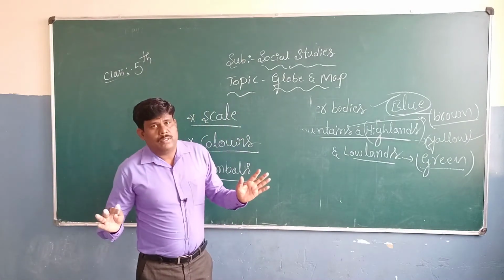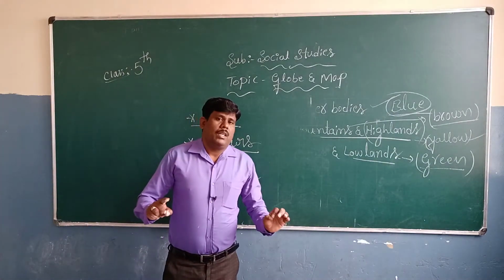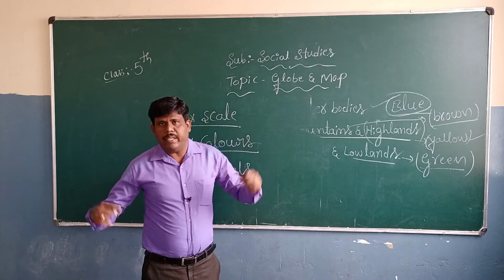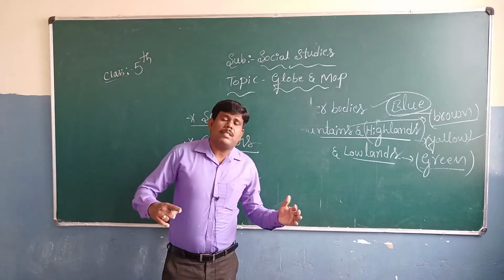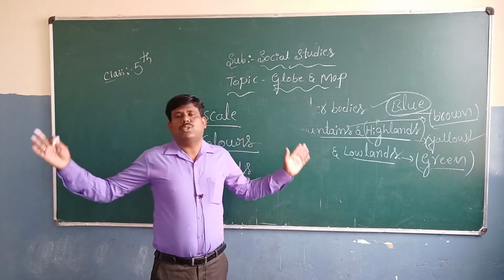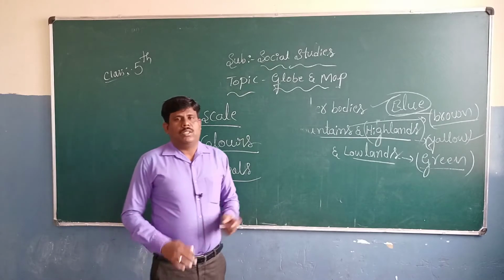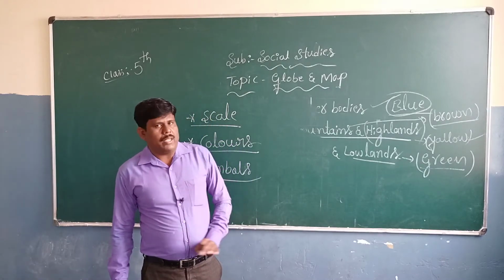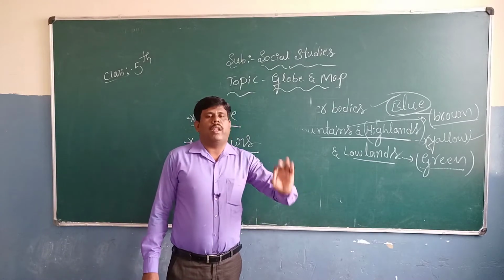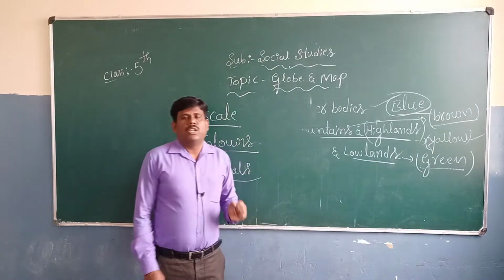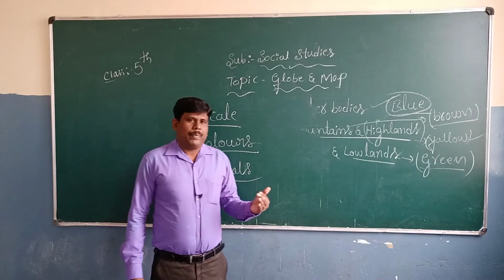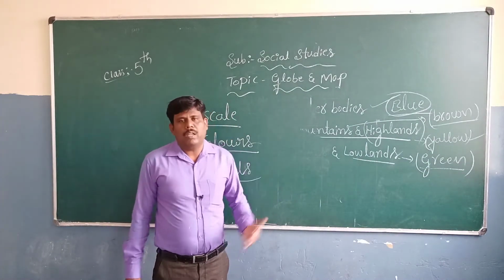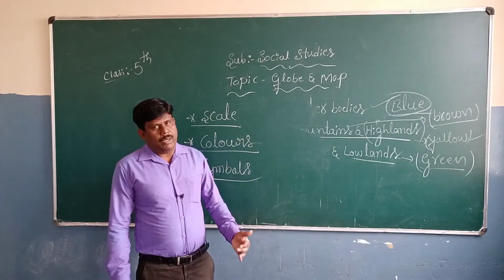You know, children, these symbols are not only used in our country, these symbols are used all over the world. So these symbols are called conventional symbols. Universally, people in all countries use the particular symbols.